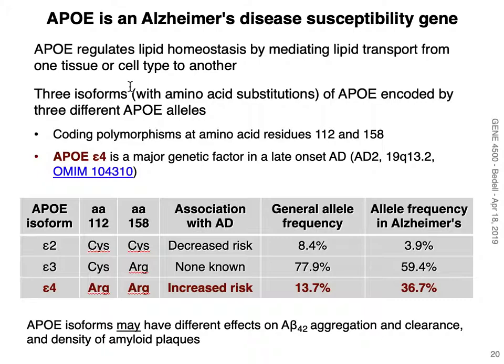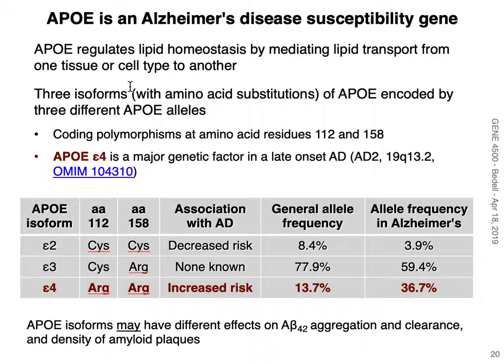So the 3 alleles are E2, E3, and E4. What's interesting is that E2 seems to be protecting against Alzheimer's. E4 is the increased risk. Then E3 is intermediate, so there is a dosage effect.